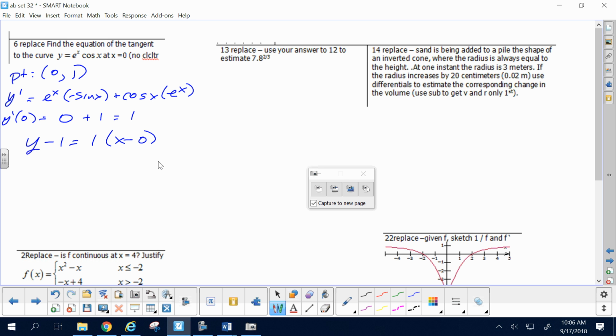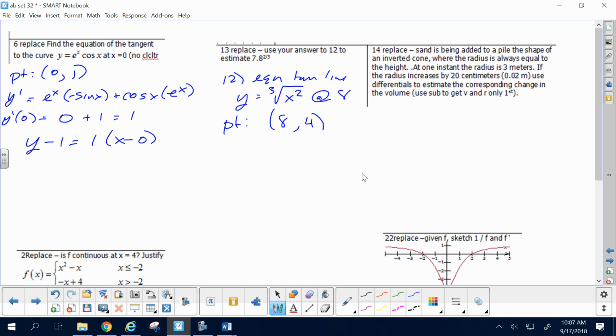So number 12 is find the equation of the tangent line to y equals the cube root of x squared at x equals 8. Okay, so the point is you have x is 8 and y is 4.